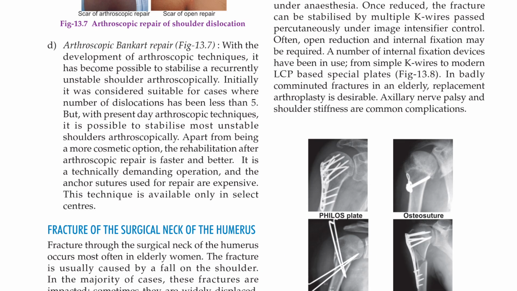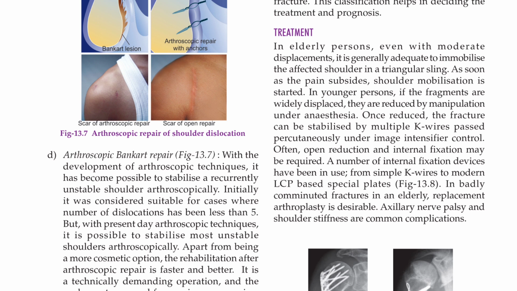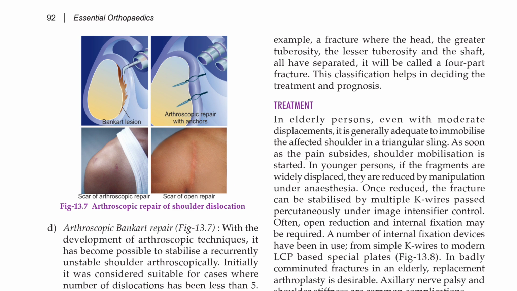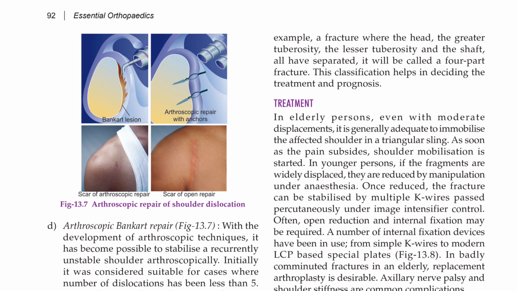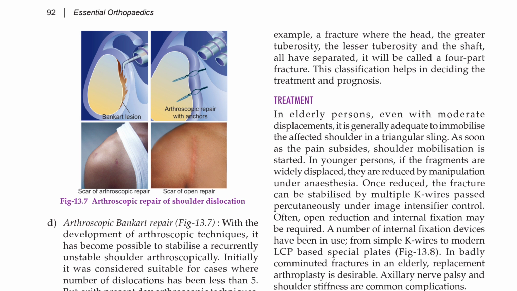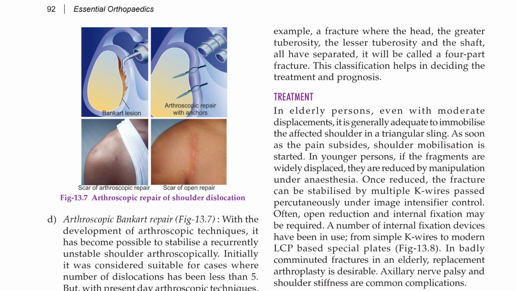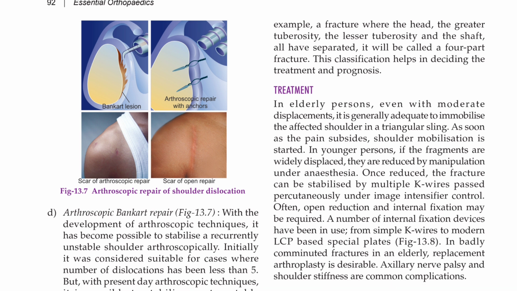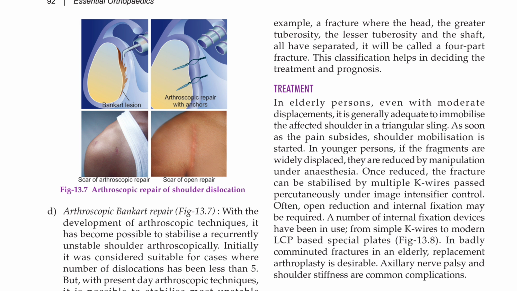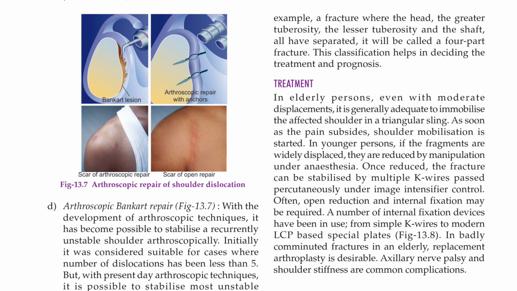So for example, a fracture where the head, the greater tuberosity, the lesser tuberosity and the shaft all have separated, it will be called a 4-part fracture.